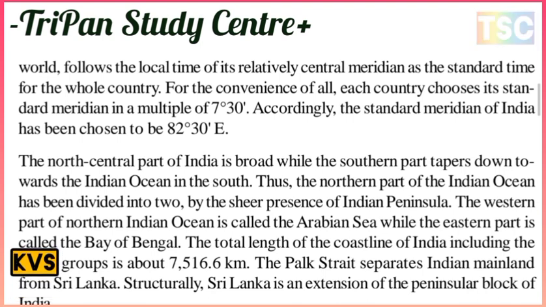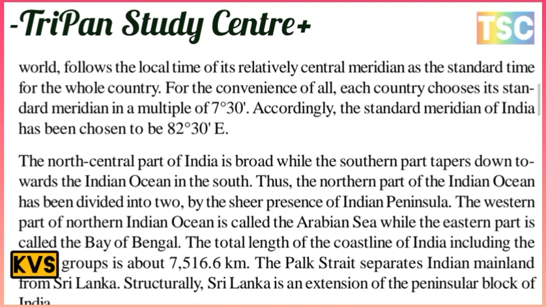The total length of the coastline of India, including the island groups, is about 7,560.2 kilometers. A strait separates mainland India from Sri Lanka, and structurally Sri Lanka is an extension of the peninsular block of India.